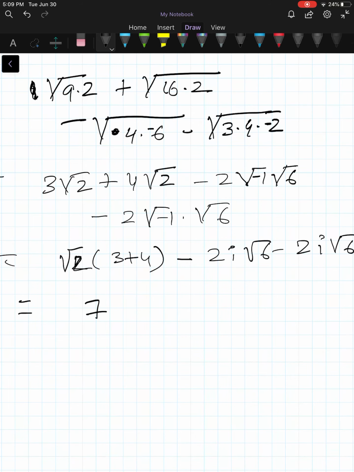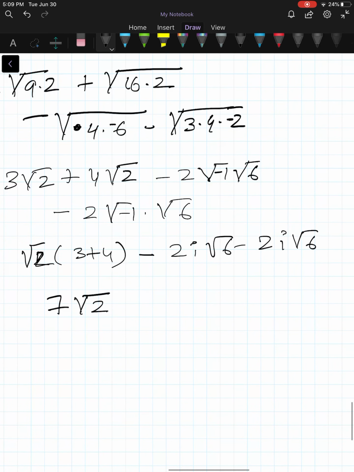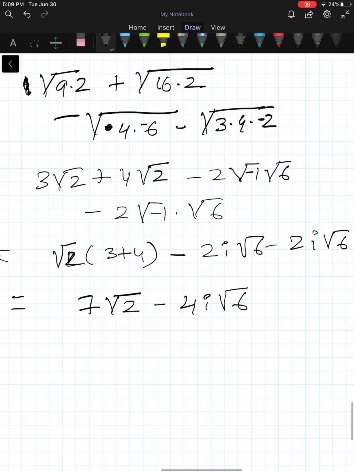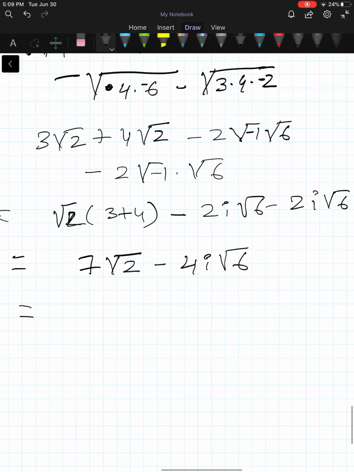So upon further simplification, this gives us 7 square root of 2 minus 4i square root of 6. So this is not in the standard form, that is a plus ib. You can write it as 7 square root of 2 plus minus 4 square root of 6 i.